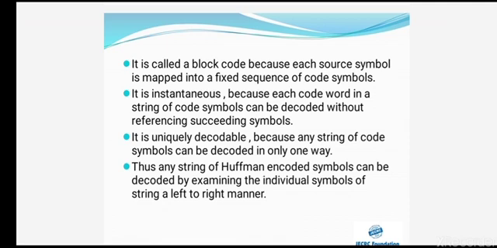It is instantaneous because each code word in a string of code symbols can be decoded without referencing succeeding symbols. It is uniquely decodable because any stream of code symbols can be decoded in only one way. Thus, any string of Huffman encoded symbols can be decoded by examining the individual symbols of the string in a left to right manner.